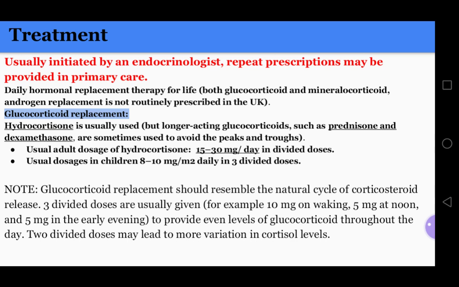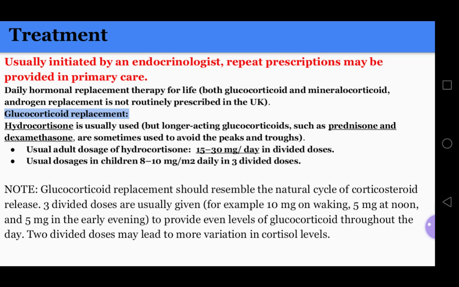But androgen replacement is not routinely prescribed in the UK. For glucocorticoid replacement, hydrocortisone is usually used, but longer acting glucocorticoids such as prednisolone and dexamethasone are sometimes used to avoid peaks and troughs in serum levels.